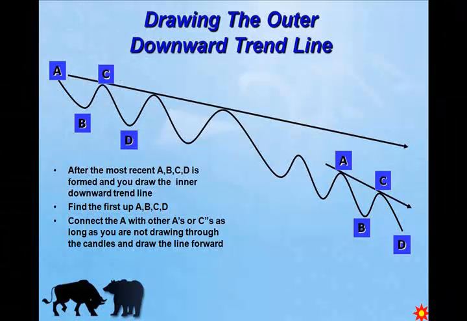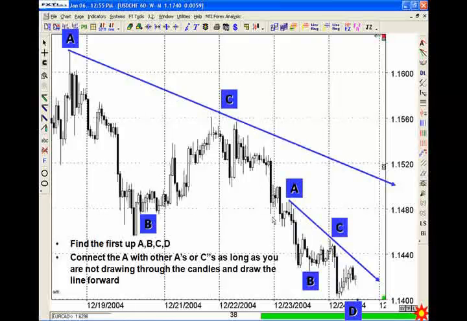Now, to find the outer trend line, we go to the left-hand side of the screen and find the first A, B, C, D. This is the most recent A, B, C, D, and this is the first A, B, C, D, and we connect the A with the C. Let's look at this in the chart. Look at this big A, B, C, D from the left-hand side of the screen.